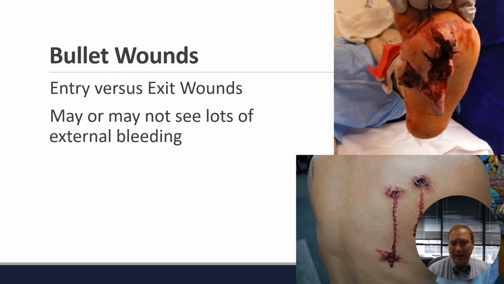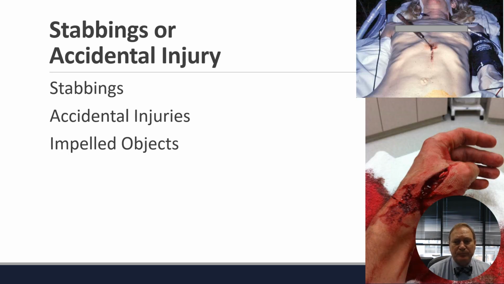A hollow point type projectile is going to give you a lot of destruction of tissue on the exit, not necessarily on the entry, because obviously it has to have impact first before it spreads out. But on exit, it'll cause a lot of damage. And I don't mean to provide such graphic images, but you do need to see what type of injuries you could see with someone having some type of a gunshot wound.